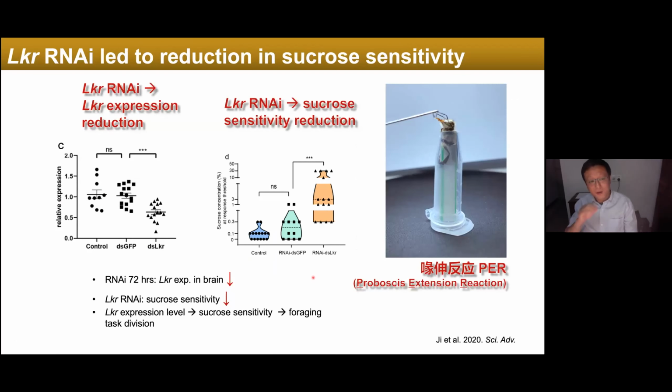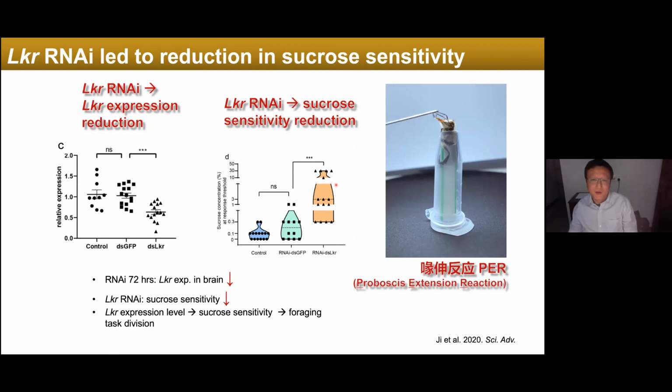And finally, we carried out a gene knockdown. We did LKR-RNAi using a nanocarrier-based system. The gene knockdown significantly reduced the expression level of the gene in the brain, I think.